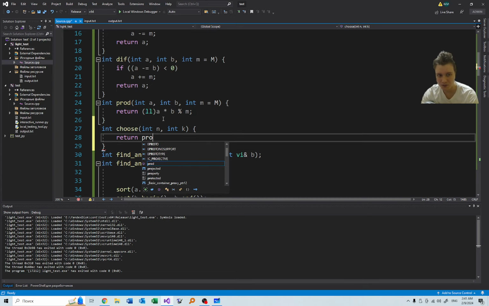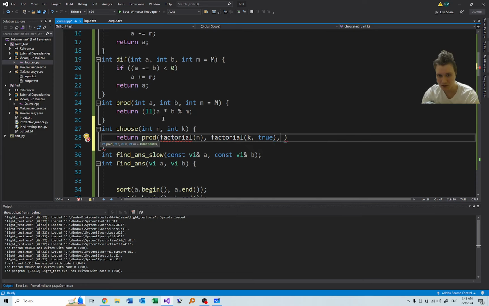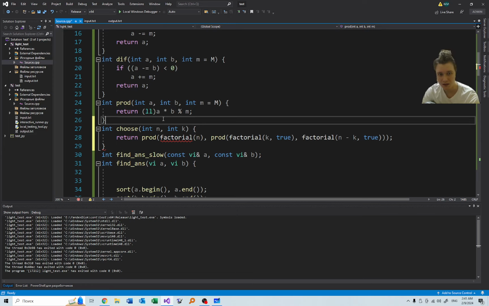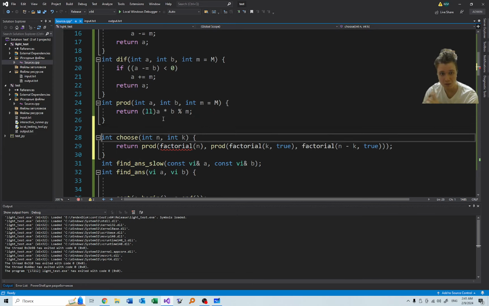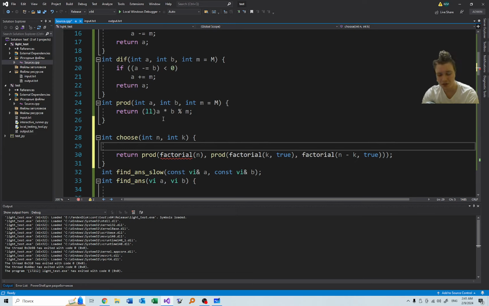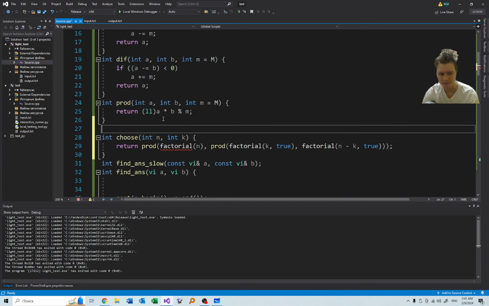I need to return product of factorial n and inverse factorial of k and inverse factorial of n minus k. Okay, fine.